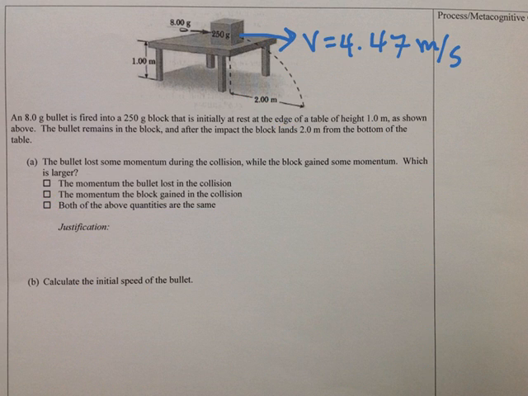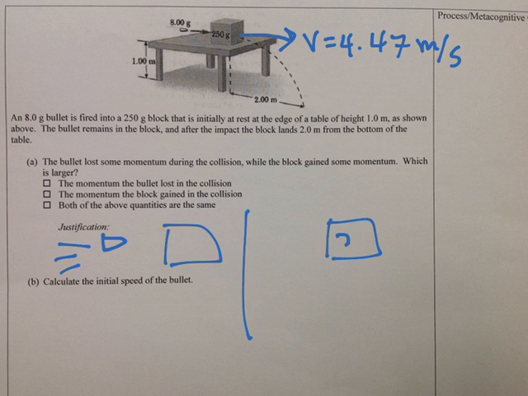Alright, so I just cleared everything. So we know that our velocity is 4.47 meters per second as the bullet block leaves. So we know that before we had some bullet, that does not look like a bullet, whatever. So we had some bullet speeding and some block not moving. Then later we have some bullet inside a block moving together, and our velocity here is 4.47 meters per second.